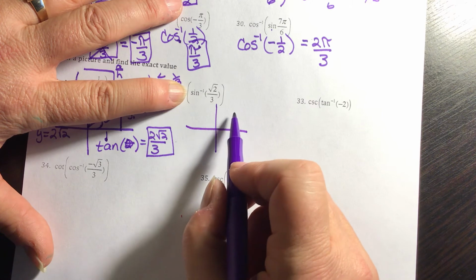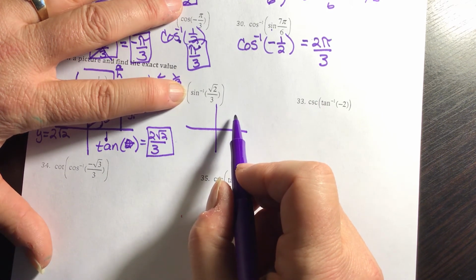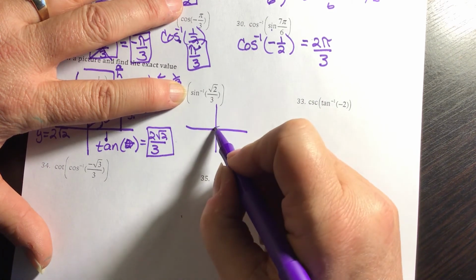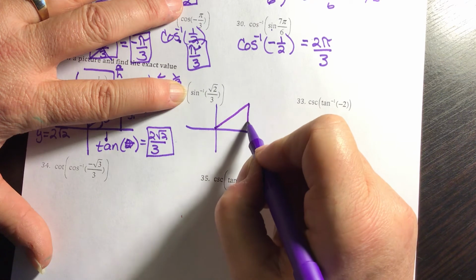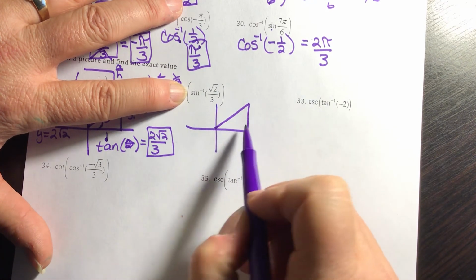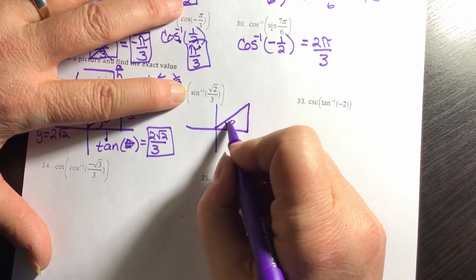Sine is positive in quadrants 1 and 4, I think. Nope, 1 and 2. So here's my triangle. We're going to work in quadrant 1 if this is positive. So this is my angle.